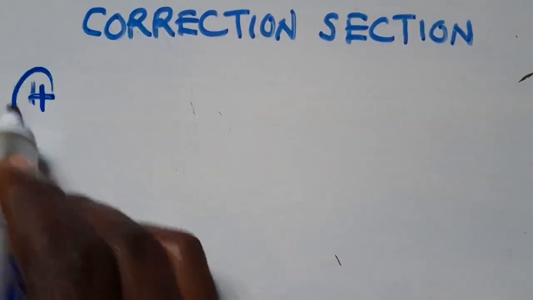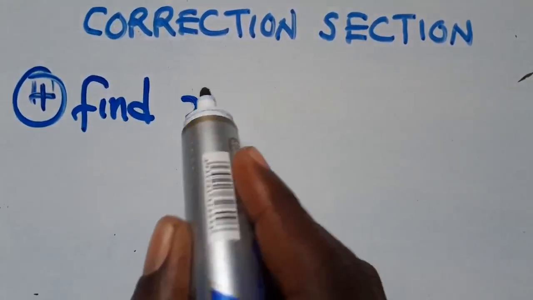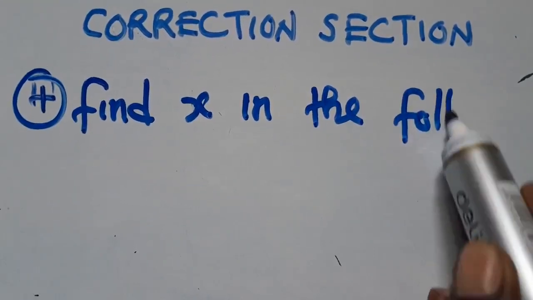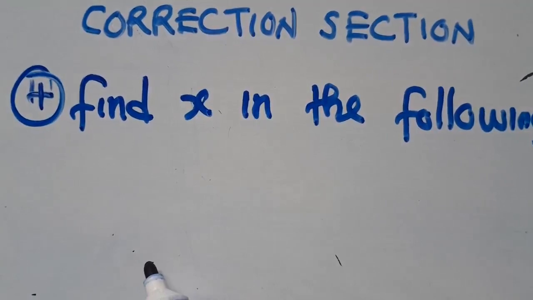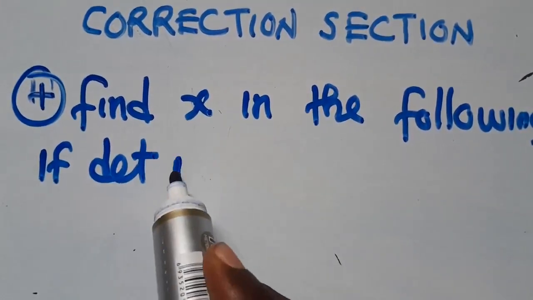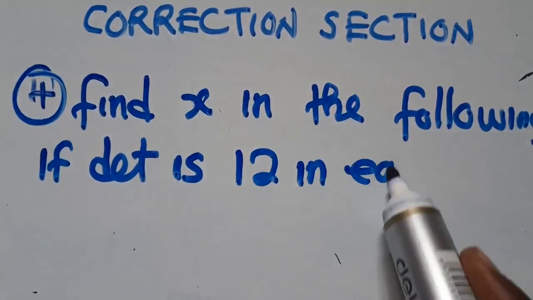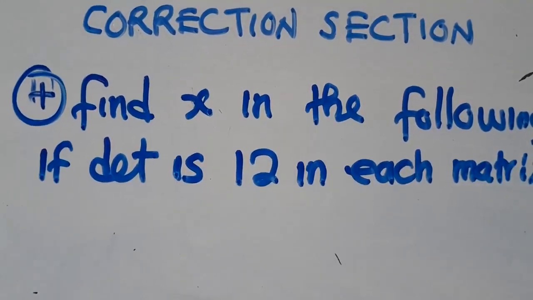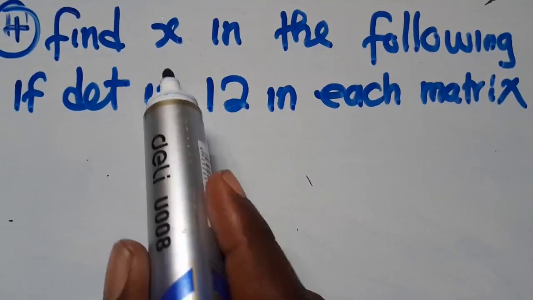So find x in the following if the determinant is 12 in each matrix. If the determinant is 12 in each matrix, you are told to find x.